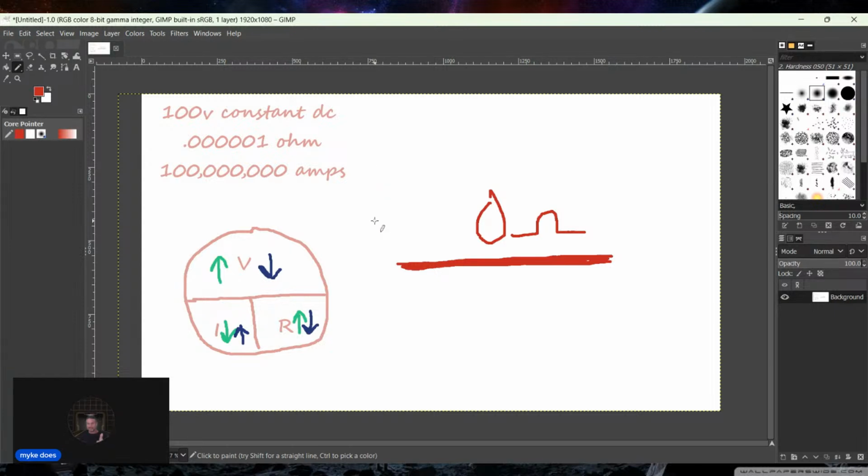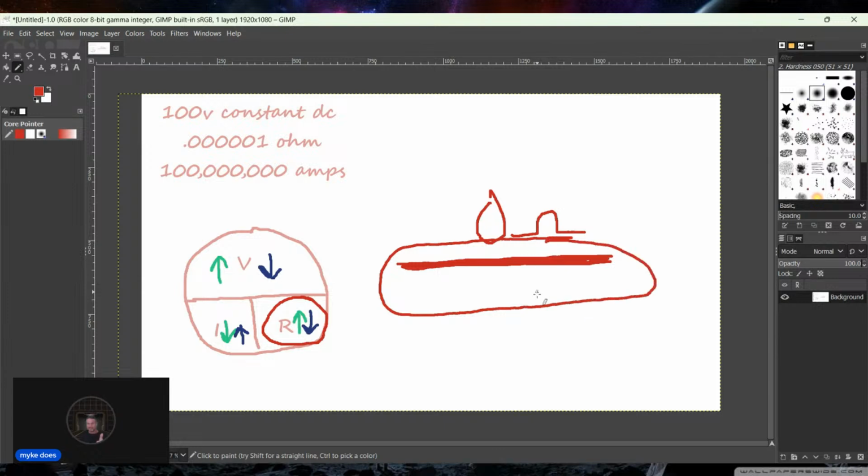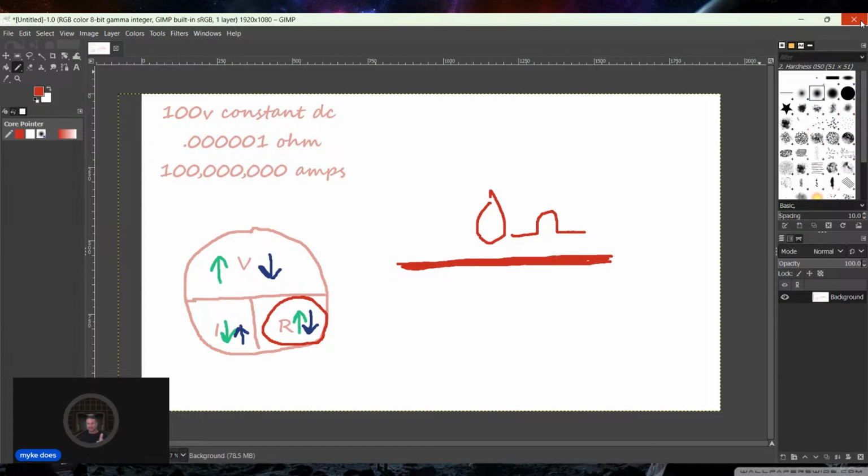So Ohm's law does not apply to a superconductor. It applies to things with resistance, because one of the variables in this formula is resistance. And a superconductor technically doesn't have that.